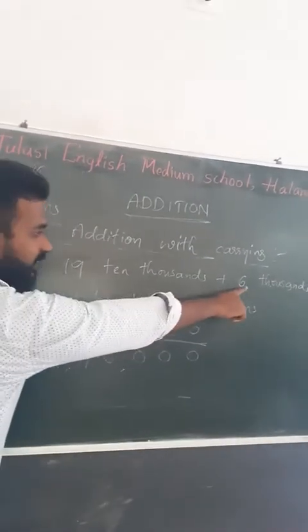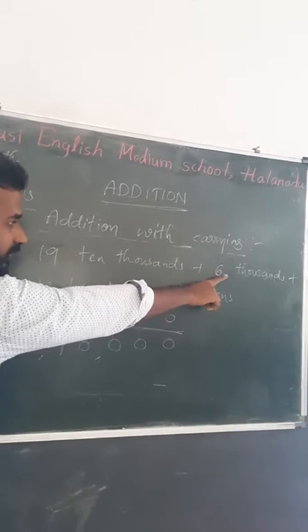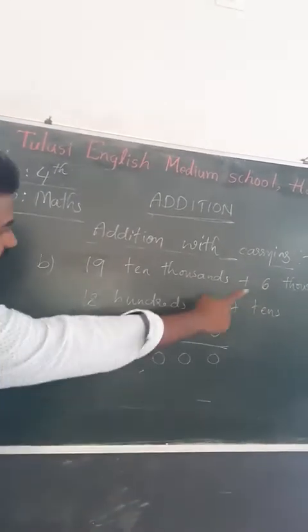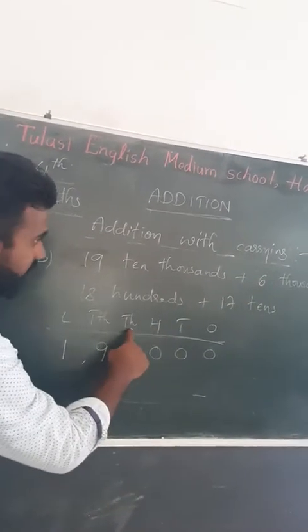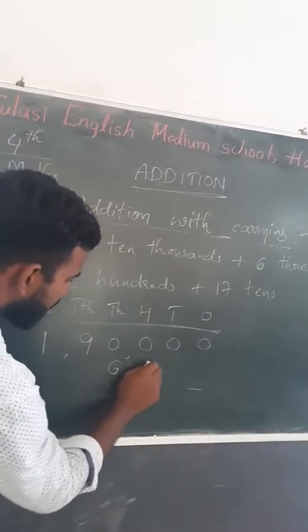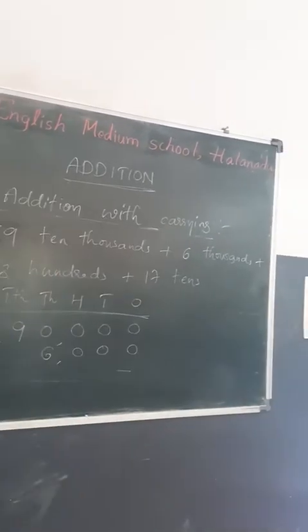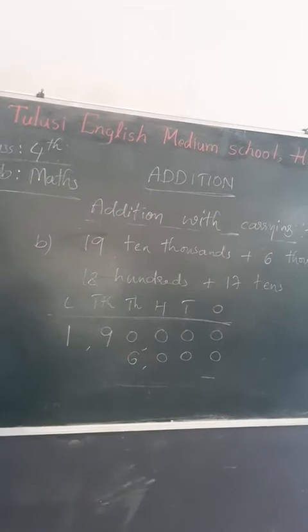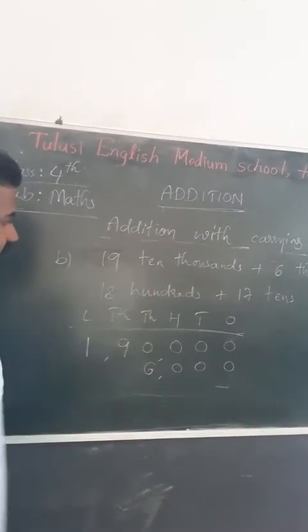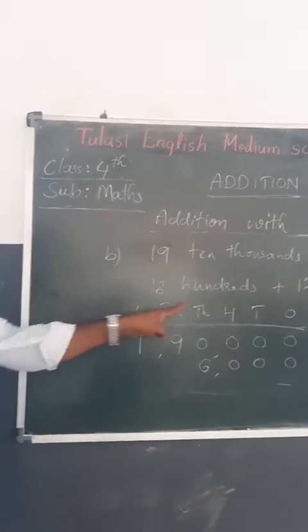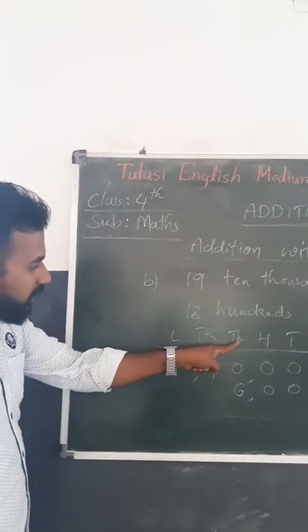If it is less than 10, so in the thousands place 6,000. 6,000s, 1,800s. 10 hundreds is equal to 1,000.